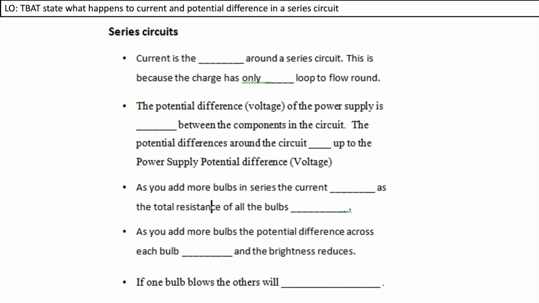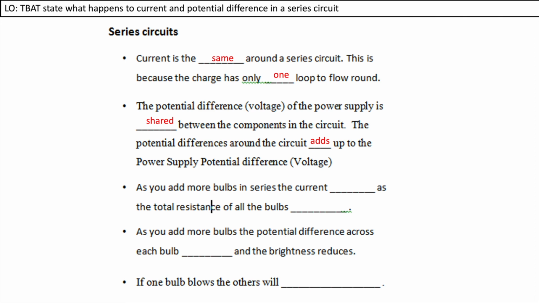So current is the same around a series circuit. This is because the charge has only one loop to flow around. The potential difference, which is the voltage of the power supply, is shared between the components in the circuit. The potential differences around the circuit add up to the supply voltage.